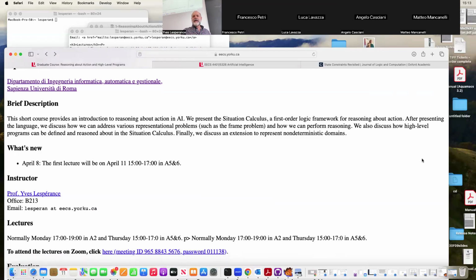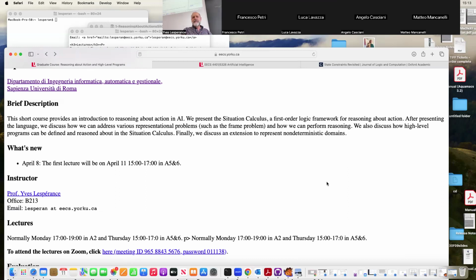And I'm going to discuss various representational problems with reasoning about action, and the various reasoning problems that we may want to solve.